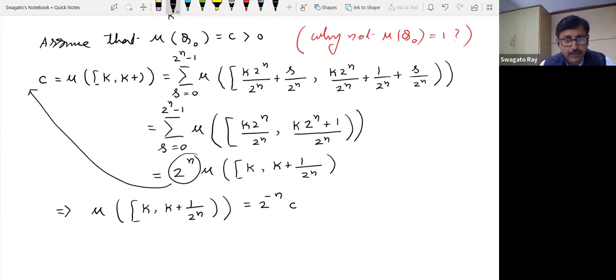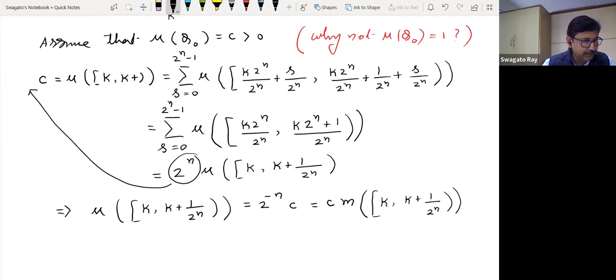But then I can write this as C times Lebesgue measure of k plus 1 by 2 to the power n, because that is the length of this interval.